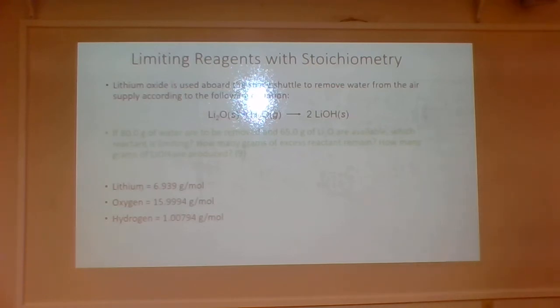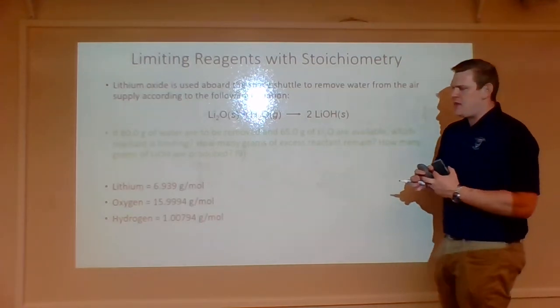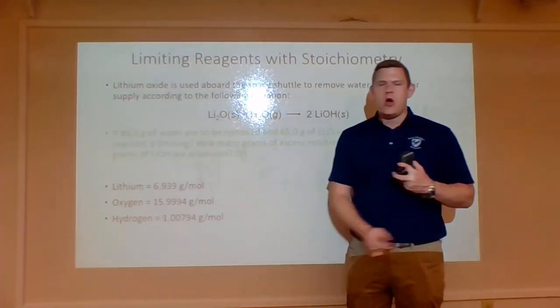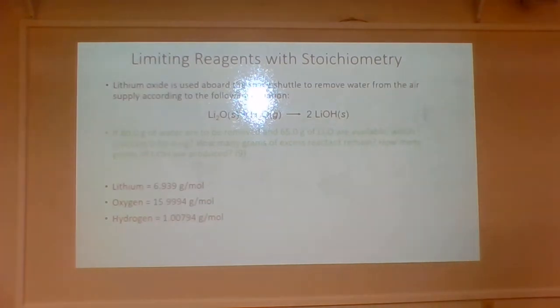How many grams of excess reactant remain, and how many grams of lithium hydroxide are produced? Provided here for you are all of the formula weights, or the molar mass, of all of these compounds.